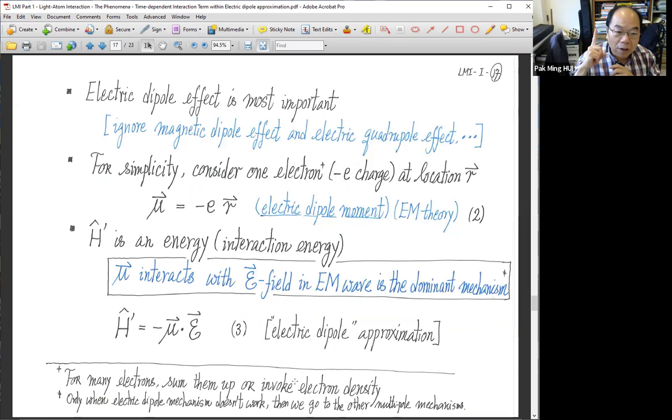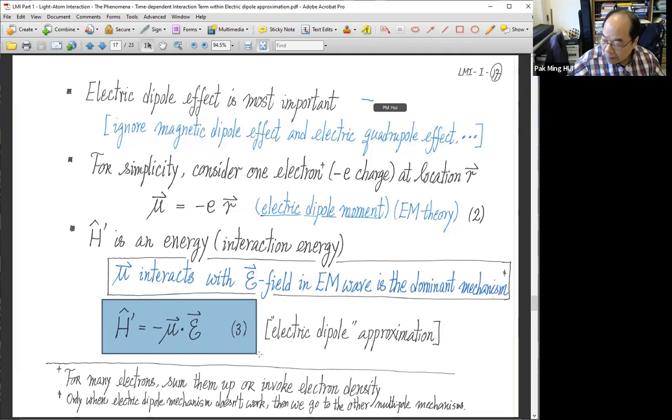We are playing with an electric dipole moment interacting with an electric field. So therefore, look into Griffiths' textbook, you find such an expression. Here, I follow standard quantum mechanics notation. In E&M, you may have this form, minus the electric dipole moment, which is usually written as P, but P is so important in quantum mechanics, it is momentum.